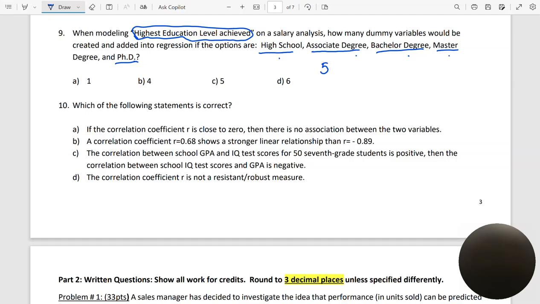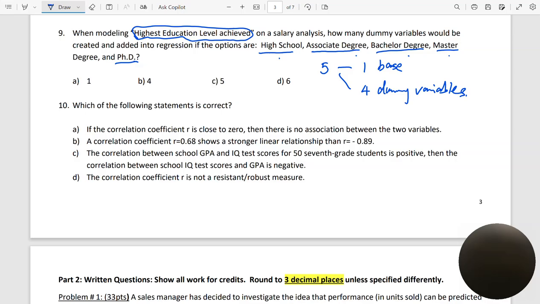Okay, so now how many dummy variables do we need to create? We say we want to randomly choose one as the base, right? And then create dummy variables for the other 4, right? So 1 as the base. That means you need to create 4 dummy variables for the other 4 categories.